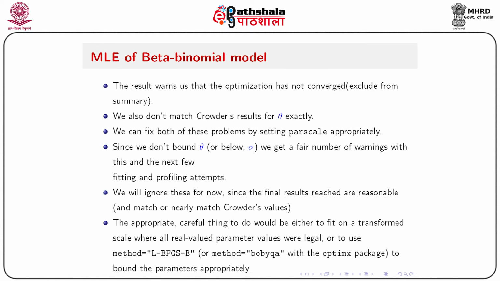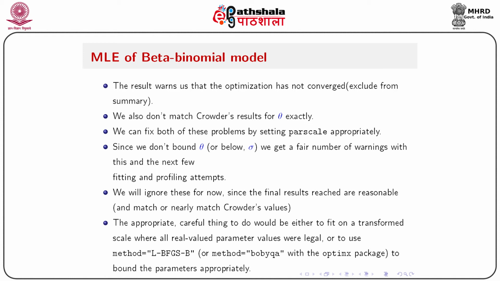The results warn us that the optimization has not converged, excluded from summary. We also don't match Crowder's results for theta exactly. We can fix both these problems by setting parscale appropriately.